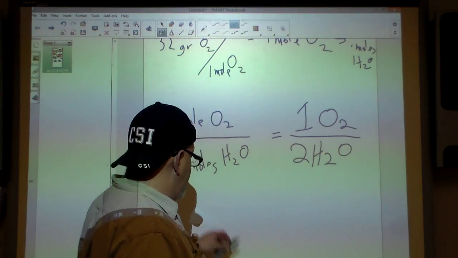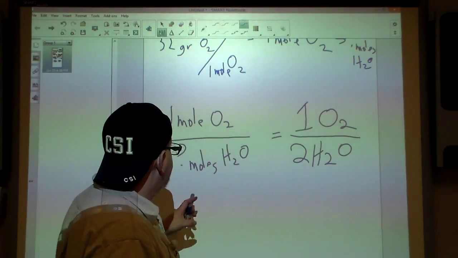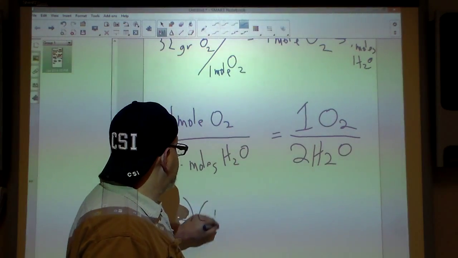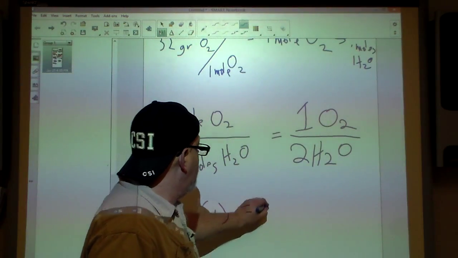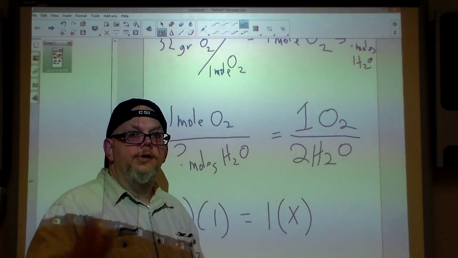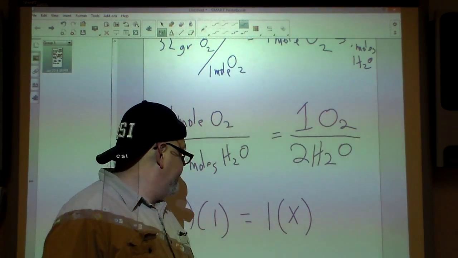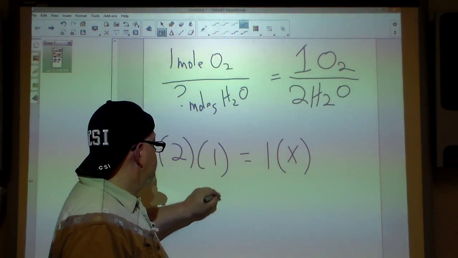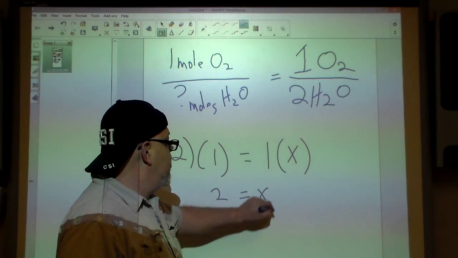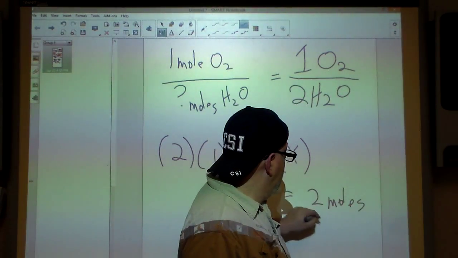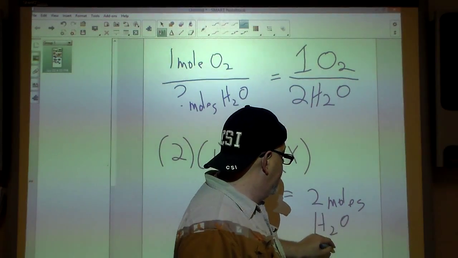We're going to say, all right, 2 times 1 is equal to 1 times x. Solve for x. In this case, 2 is equal to x, which means we have 2 moles of water that's made.